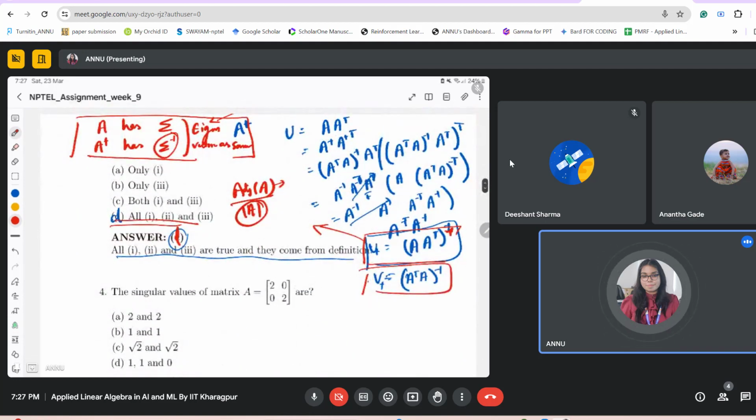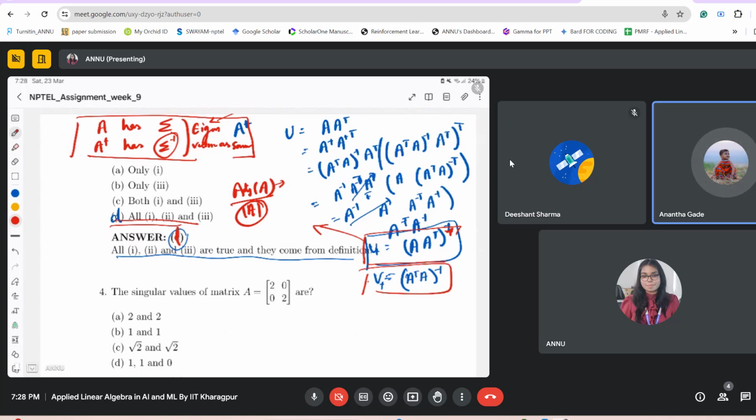The singular values of a matrix are, what are the singular values of a matrix? If you can write, what should be the answer here? C. Okay. But how are you writing C?